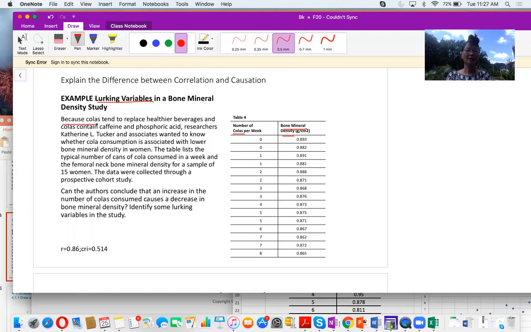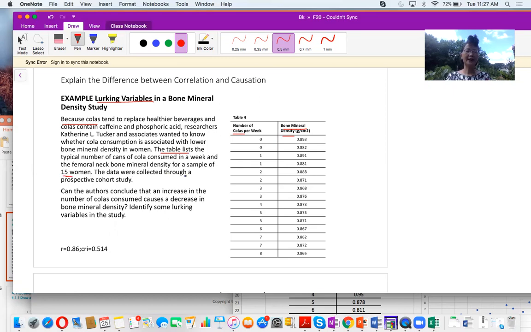Because colas tend to replace healthier beverages, and colas contain caffeine and phosphoric acid, researcher Katherine Tucker and associates wanted to know whether cola consumption is associated with lower bone mineral density in women. This table lists the typical number of cans of cola consumed in a week and the femoral neck bone mineral density for a sample of 15 women.